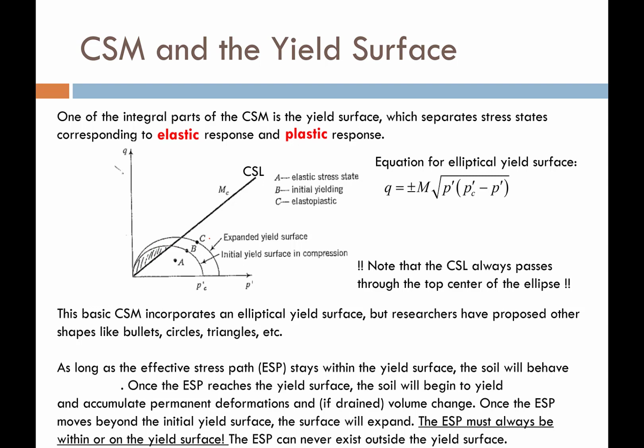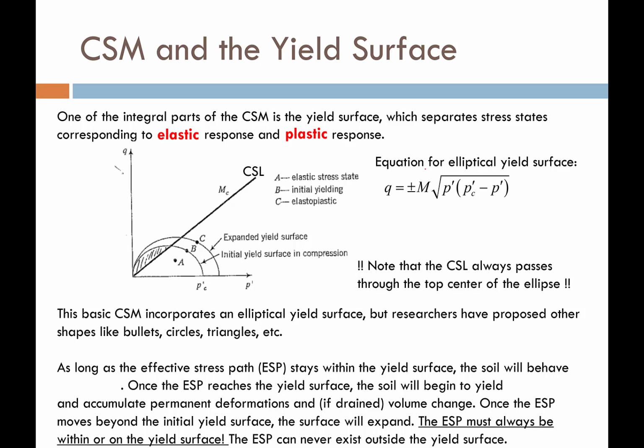So in the basic critical state model that I'm teaching you, we're going to use an elliptical yield surface. And here's the equation for the yield surface. So M, if I'm in the compression zone, that's going to be M sub C. If I'm in the extension zone, it's going to be M sub E. And it's going to be equal to this equation right here. And that will give me the equation for the surface that I'm dealing with.